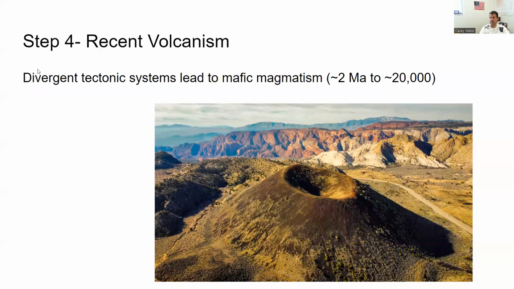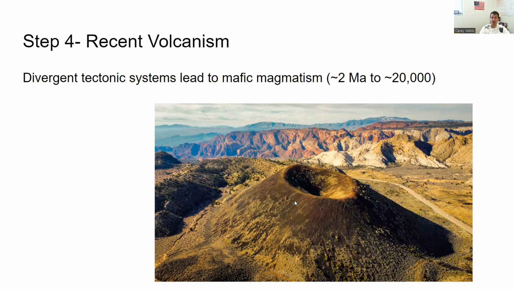All right, our last step, recent volcanism. So here we see a cinder cone just above Snow Canyon. This is actually not the Veo cone that we saw at Snow Canyon. This one is a little bit closer to Snow Canyon, so there are multiple cinder cones. On the last field trip to Hurricane, we saw 2 cinder cones there.